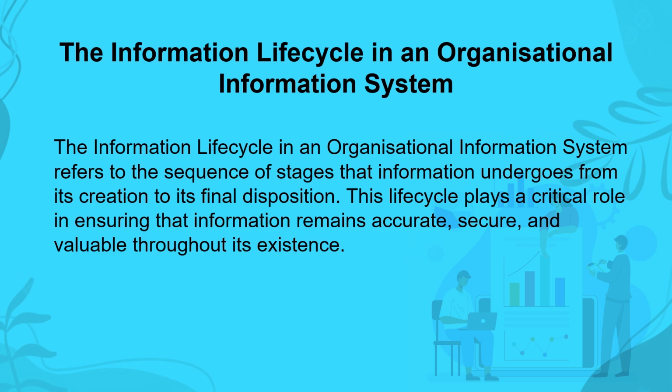The information life cycle in an organizational information system refers to the sequence of stages that information undergoes from its creation to its final disposition. This life cycle plays a critical role in ensuring that information remains accurate, secure, and valuable throughout its existence.